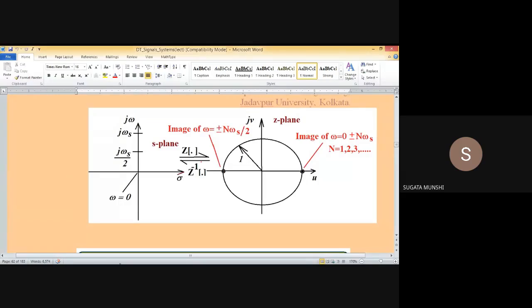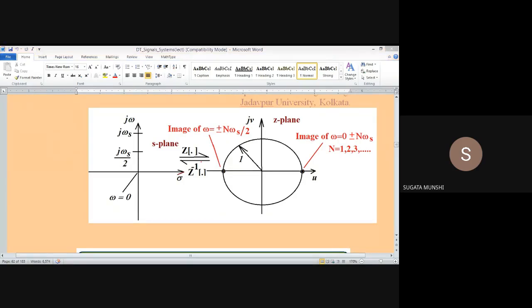All right. So this is the S plane. Suppose we start from the origin here. So at the origin, omega is 0. Sigma obviously is 0 because we are traveling along the j omega axis, and omega is also 0.